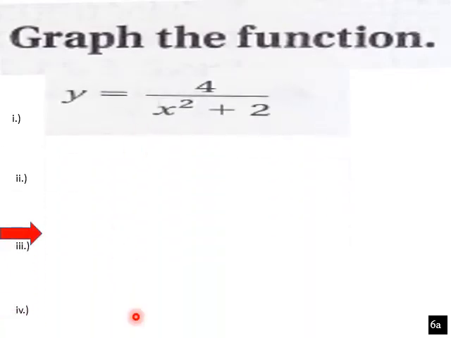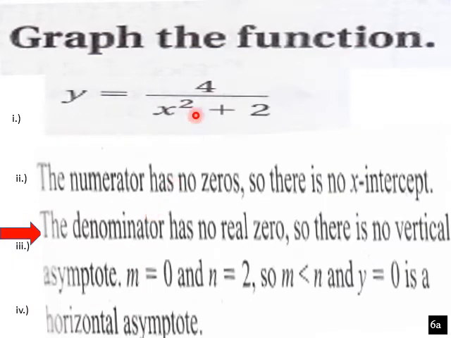To graph this one, the numerator has no zeros, so there is no x-intercept. The denominator has no real zeros either, so there is no vertical asymptote. M equals 0 and n equals 2. So m, the degree of the numerator, is 0, and n, the degree of the denominator, is 2.